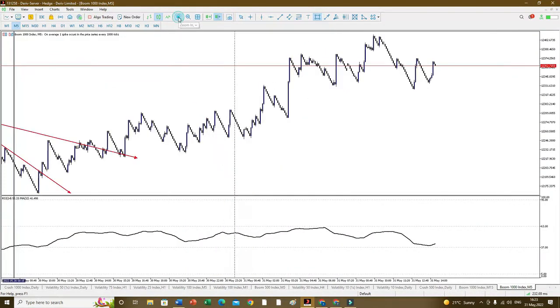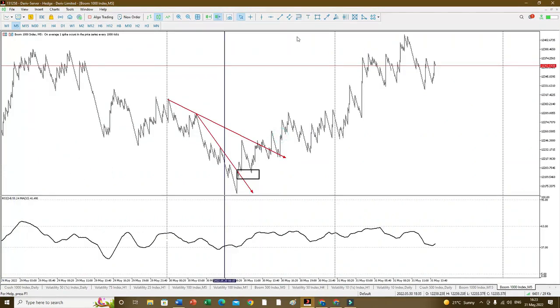that we'll be having there. So if I zoom in a little bit there, we are going to learn that we had a demand zone that was right there, right? And this is where we were supposed to take our buys from on Boom 1000. So according to this strategy, it's aligning with what we learned in the previous video, right?